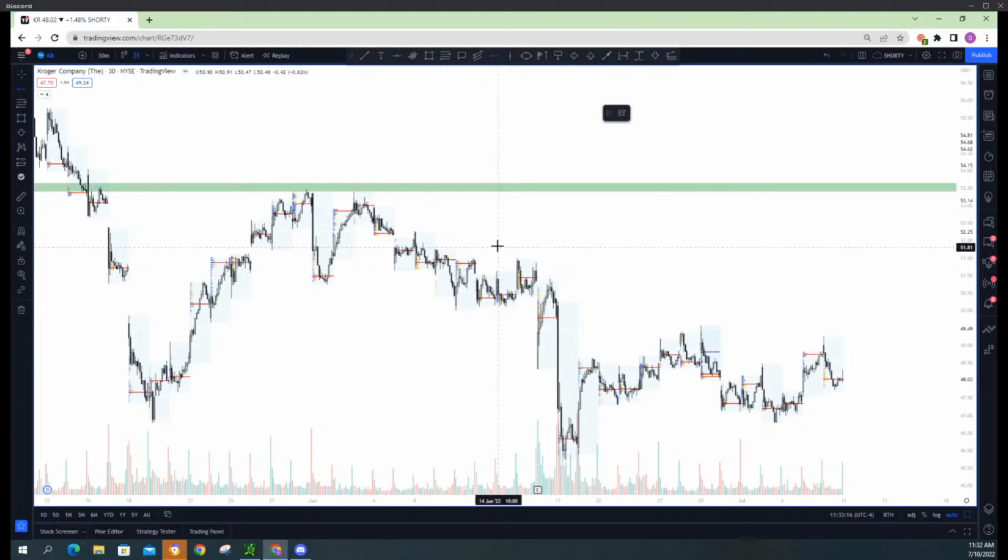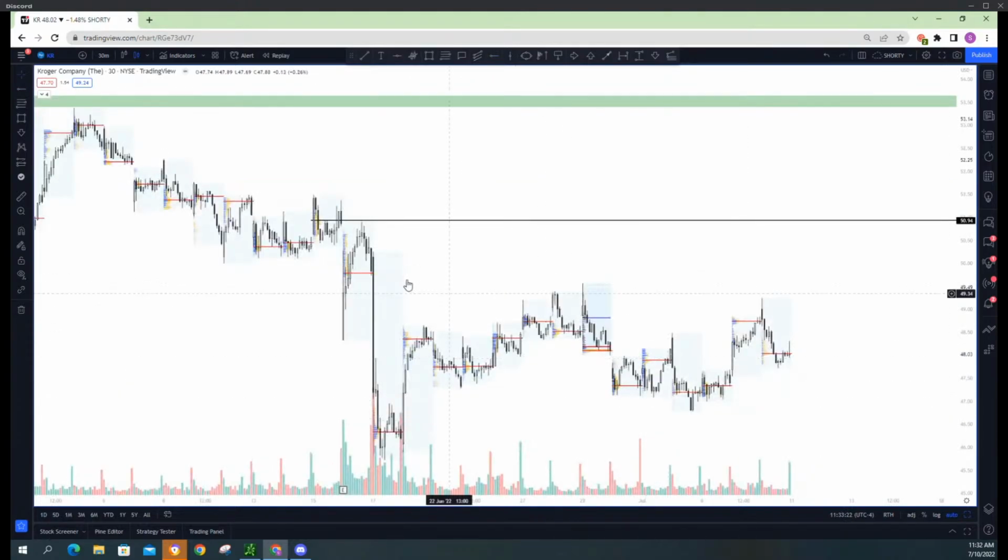So it looks to be clustered mainly in this area right here. And you have a POC right around there, and that's where it looks like strong high rejection. Strong high means you tap the level and you literally collapse from that level. And if you look here, that's pretty much what happened. You hit this level and you came back down.